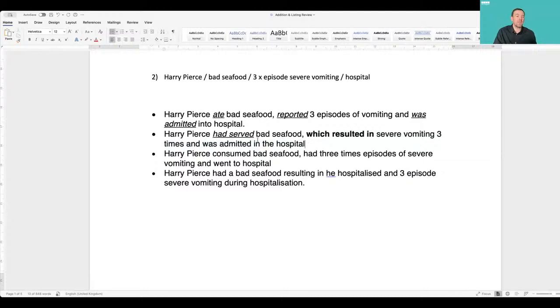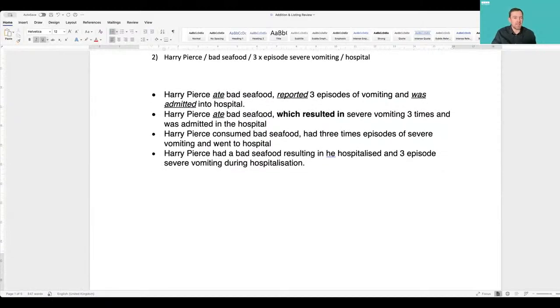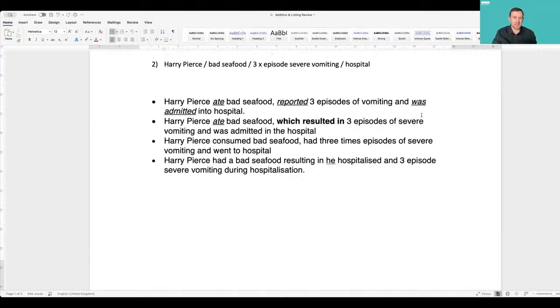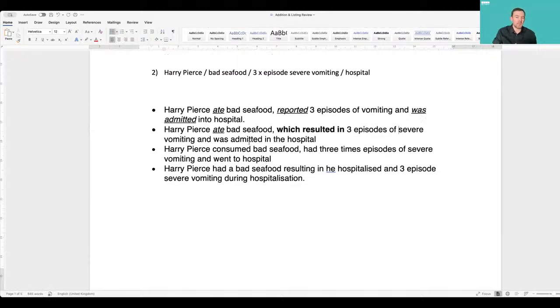Okay, so if I was to fix this, it wouldn't be had served because it's active. That makes it sound like Harry Pierce served bad seafood to someone else. So if he served it to someone else, then why did he have it? So it's a bad verb. Let's just put ate in. Okay, so Harry Pierce ate bad seafood, which resulted in severe vomiting. I think what we could put is 3 episodes of severe vomiting, which is, and here we've got a bit of a problem, haven't we?